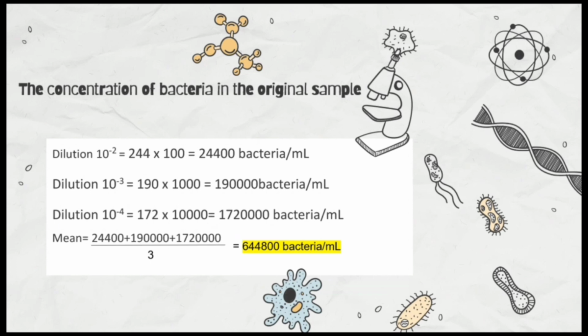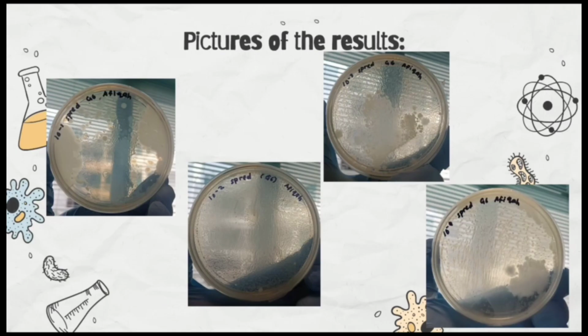Then we divide it by 3 to get the mean concentration of the bacteria in the original sample, which we get as 644,800 bacteria per ml. And this is the result of the spread plate method.